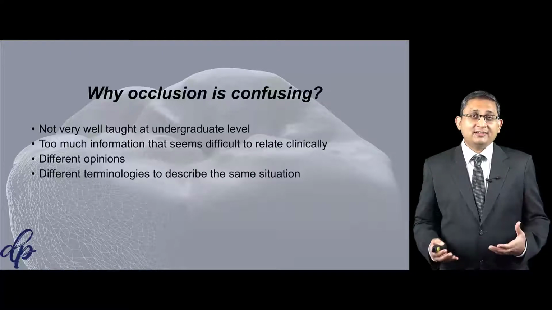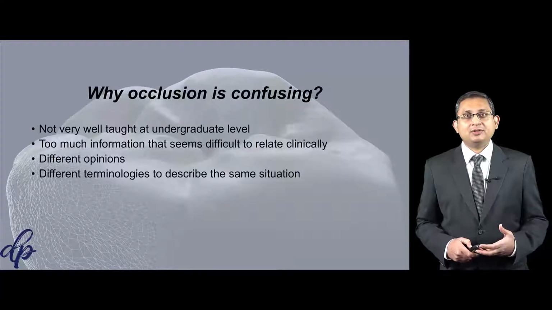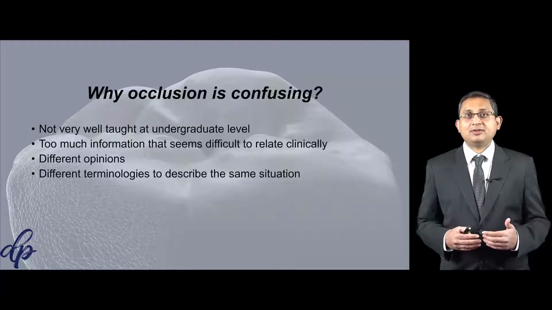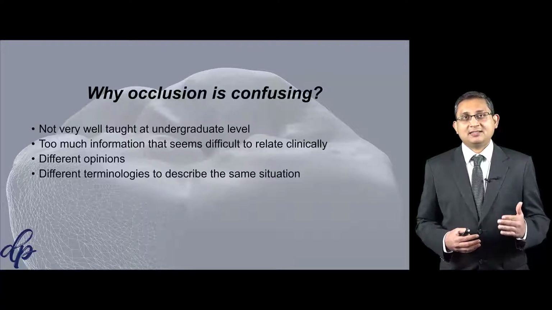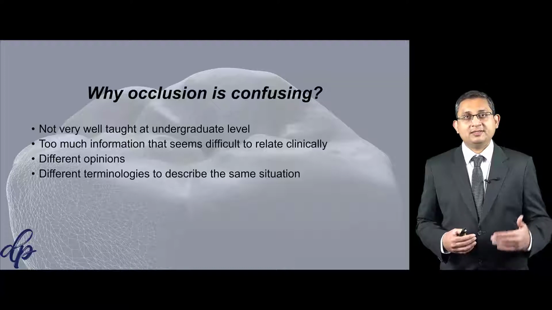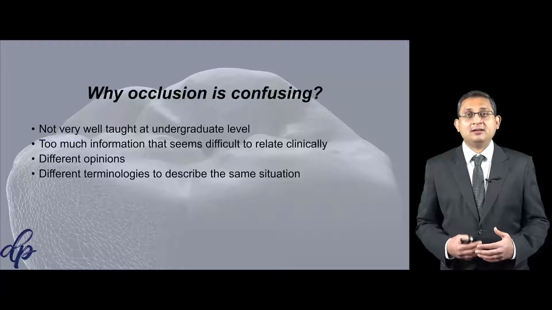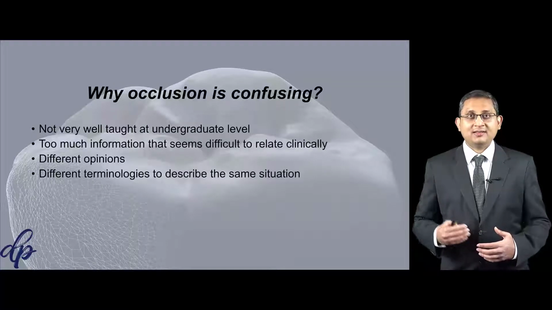Another reason occlusion is quite confusing is because there are different terminologies to describe the same situation. One example is if you look at the Glossary of Prosthodontic Terms of 1999, CO is described differently than the current meaning of CO, which is centric occlusion. We will go through the terminologies in future videos, but if you're talking to someone who learned occlusion in the 80s, their meaning of CO might be different than the current meaning.